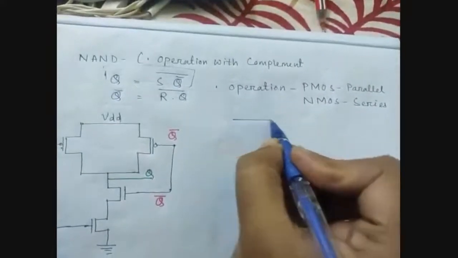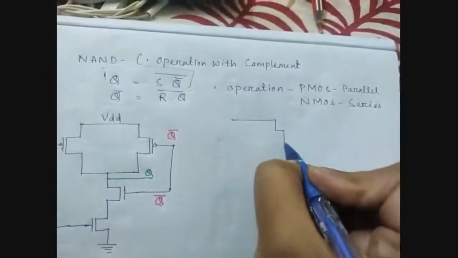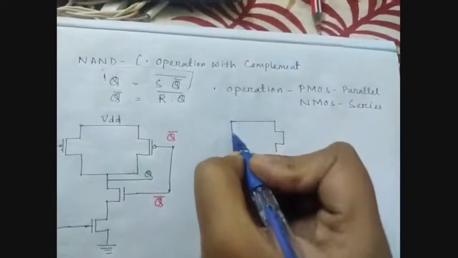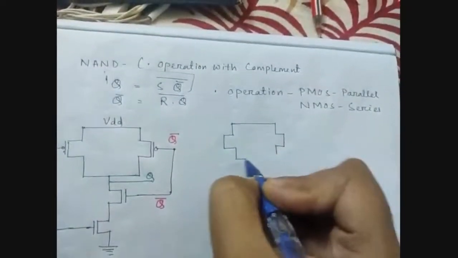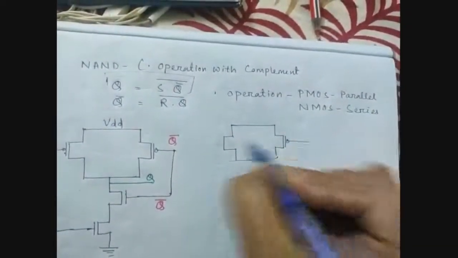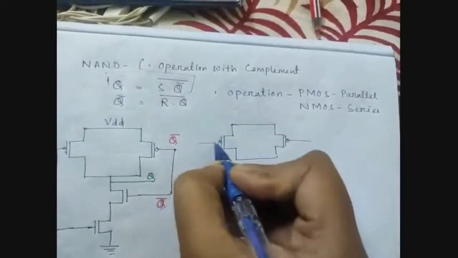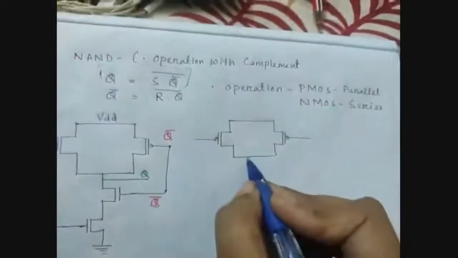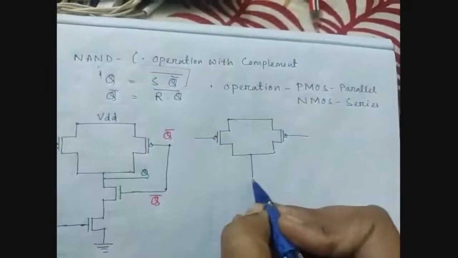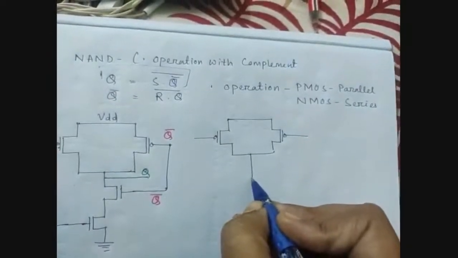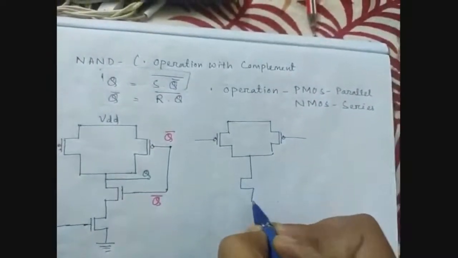Then the same structure we draw for this equation. For the upper part, PMOS transistors are connected in parallel, and for the lower part, NMOS transistors are connected in series.